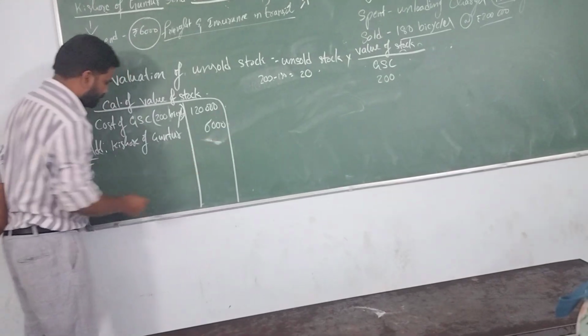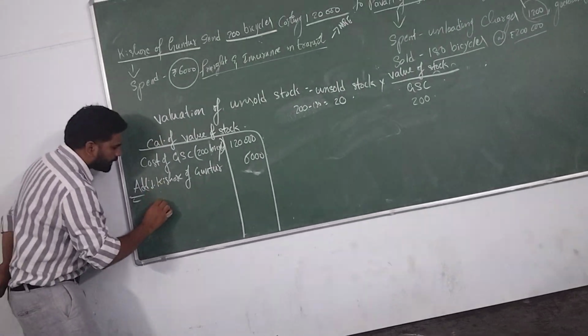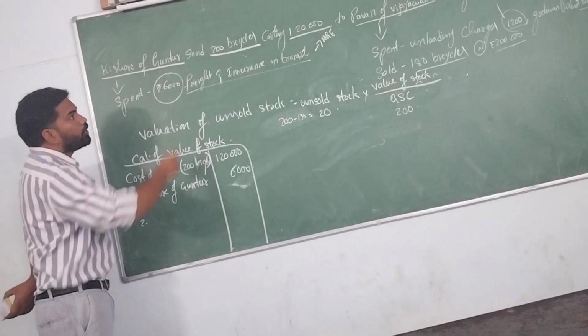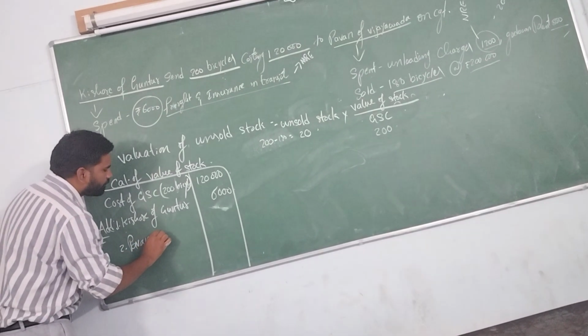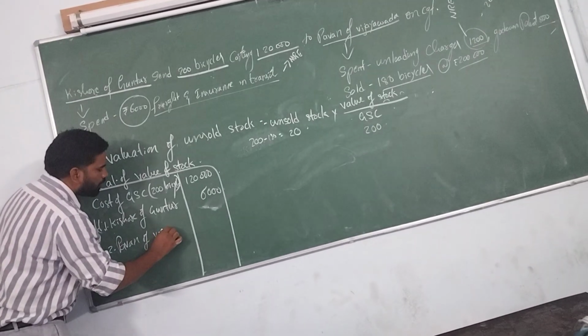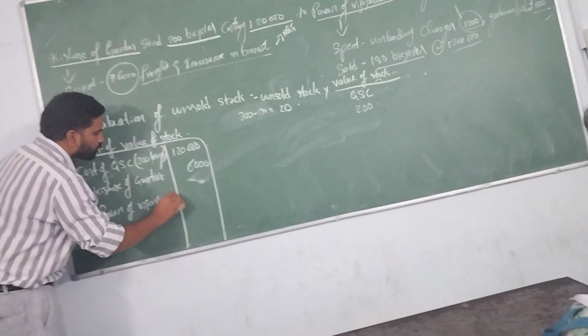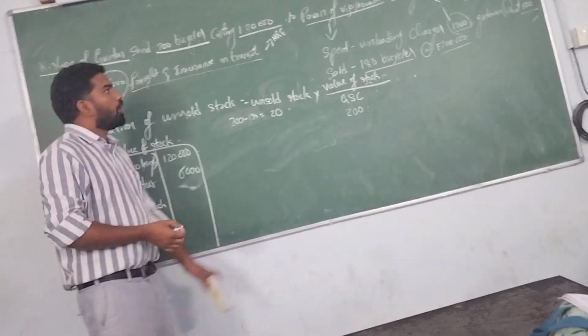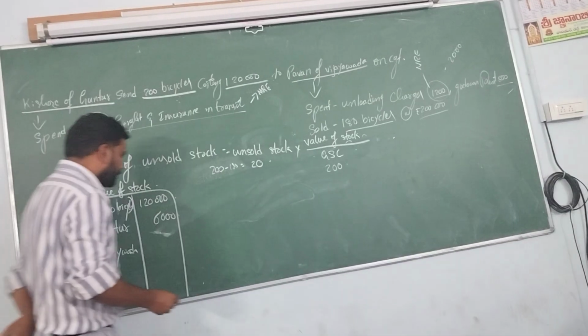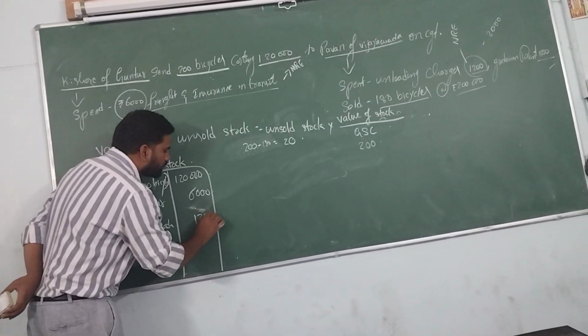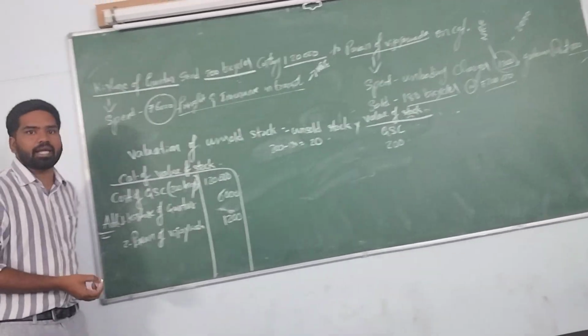Second one. Who is the consignee? Pavan of Vijayawada. How much has he spent during the transit? 1,200 rupees only. The unloading charges are the non-recurring expense.